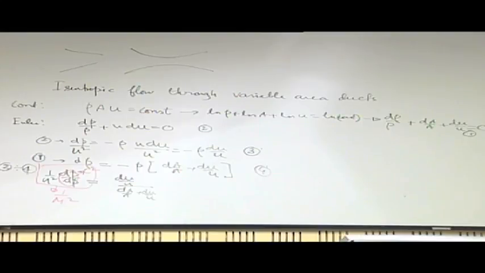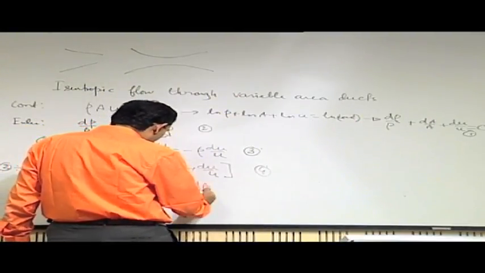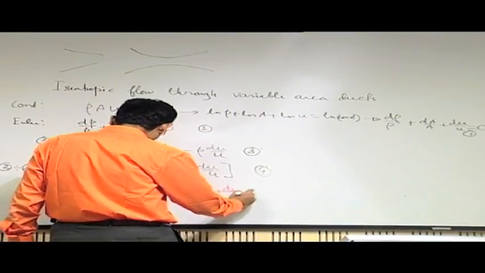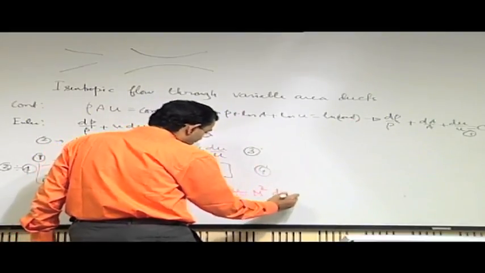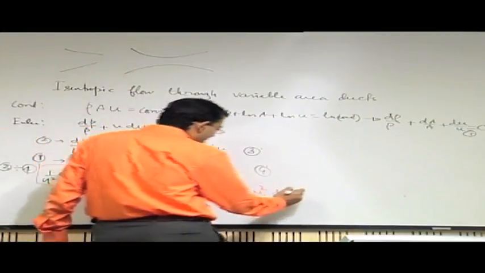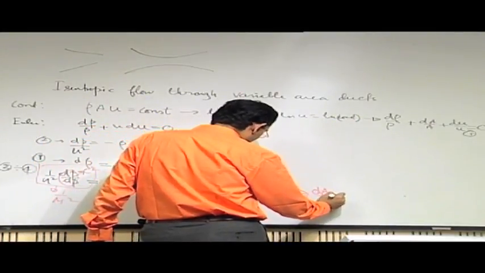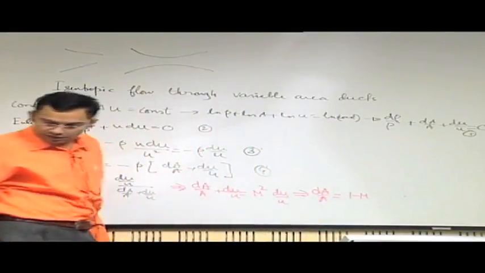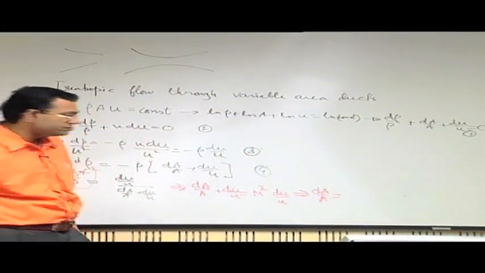So from here you can write dA by A plus du by u is equal to M square du by u, which means dA by A is equal to M square minus 1 into du by u.